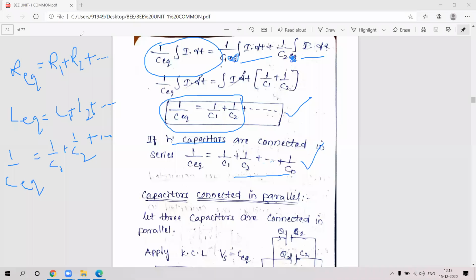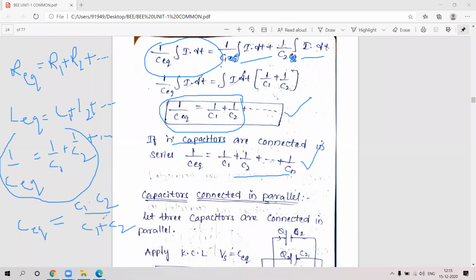Is it clear, all of you? Only resistors and inductors are added, whereas for capacitors we need to do product by sum. Suppose only 2 capacitors are connected, what is the equivalent capacitance? C equivalent is product by sum, just like resistors connected in parallel: C1 C2 is the product, the sum is C1 plus C2.